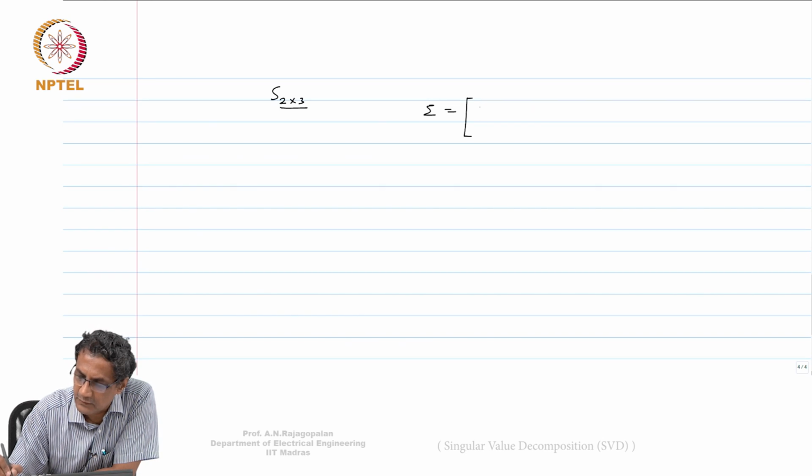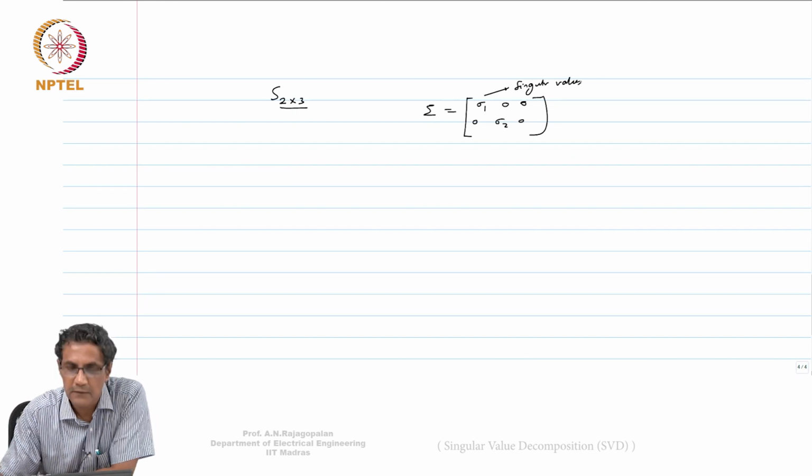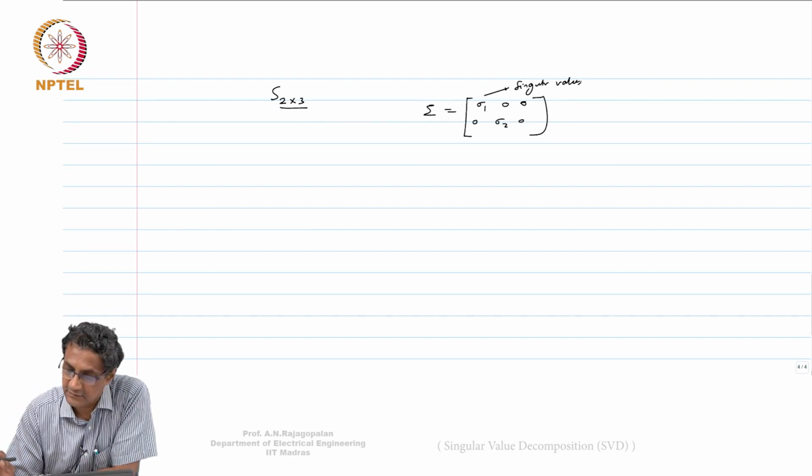It will look like sigma 1 0 0, 0 sigma 2 0. These are called the singular values. And of course A and B will accordingly have 2 cross 2 and 3 cross 3 as their dimensions.